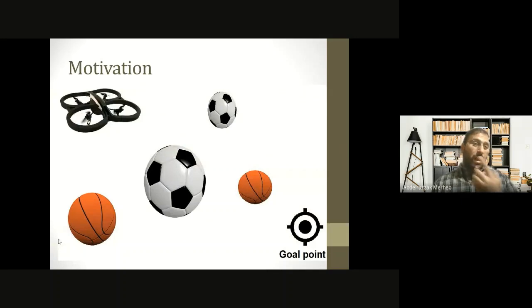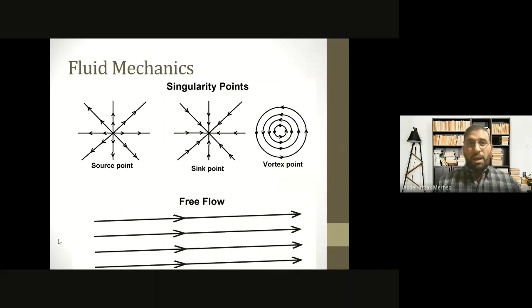So let's say that we have a drone that intends to navigate to its goal point, but the environment is full of obstacles. Is it possible to use the fluid flow or the water flow concept in the navigation problem? Let's look at fluid mechanics first.